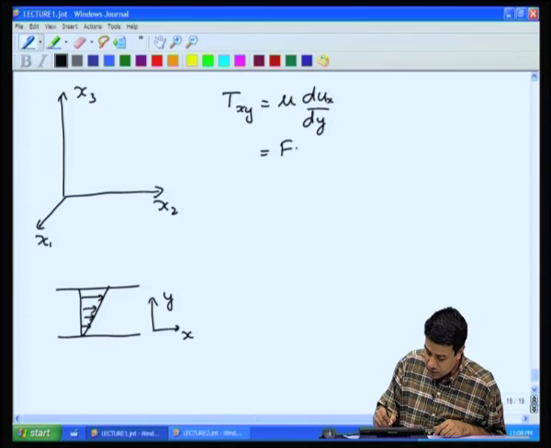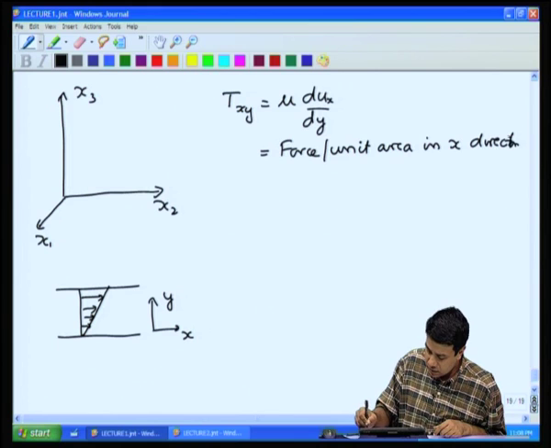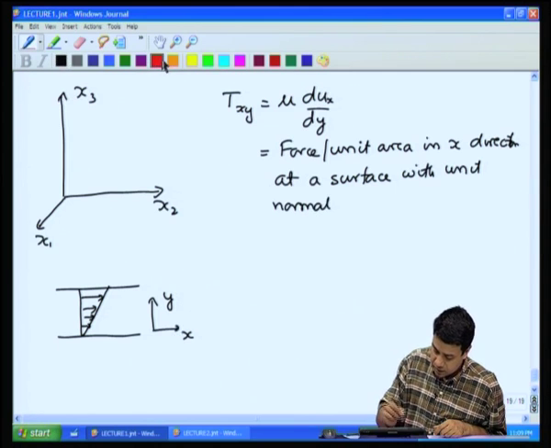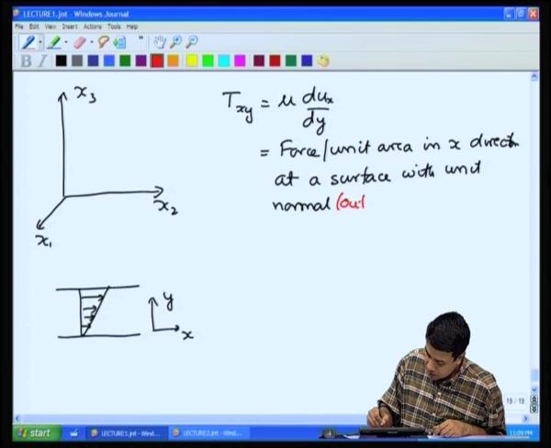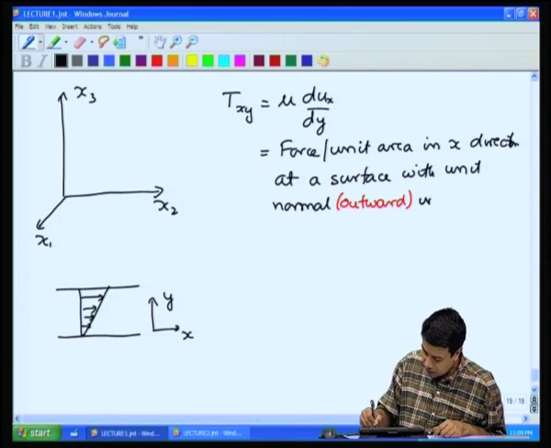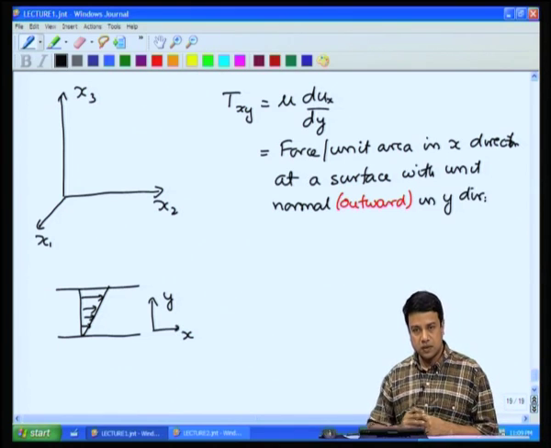This is equal to force per unit area in the x direction at a surface with unit normal. Note that this is the outward unit normal in the y direction. So, there are two directions here.